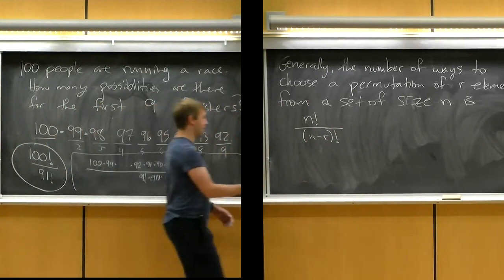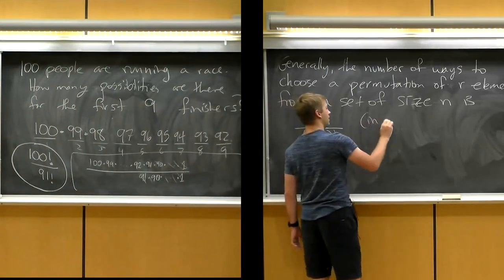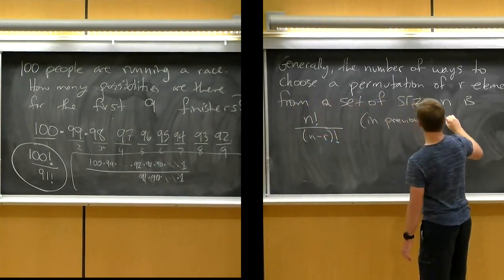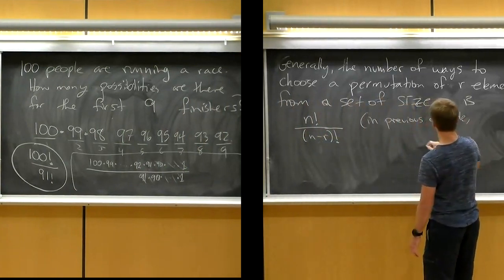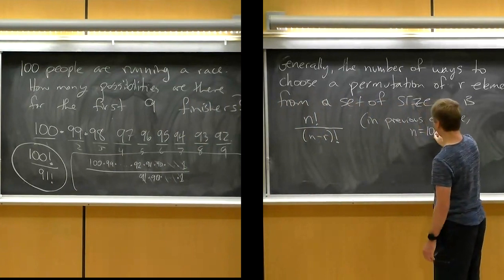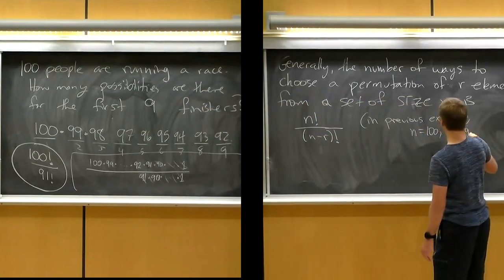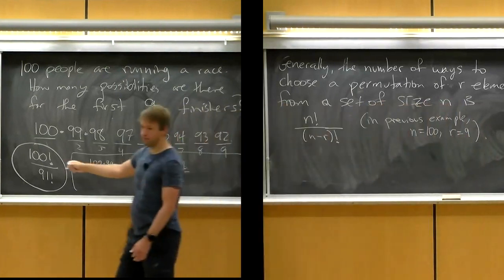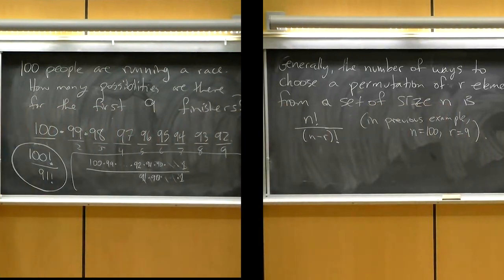So in the previous example, n was 100 and r was 9. So that's where this 100 factorial over 91 factorial came from.